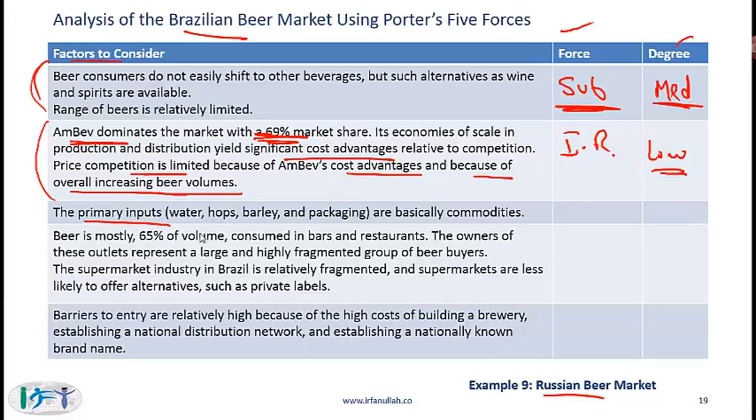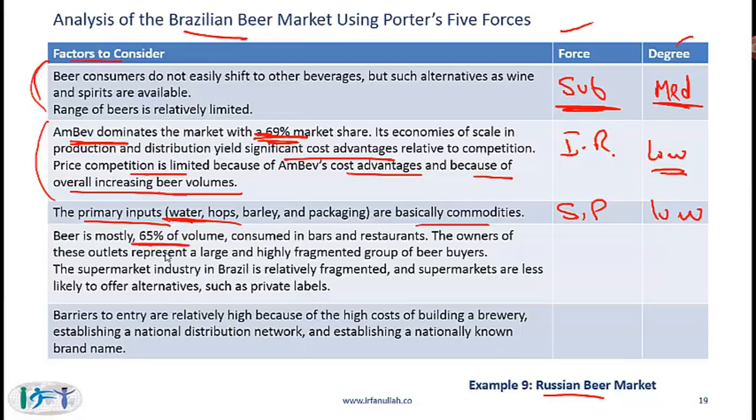Okay, now inputs. The inputs are basically commodities. So this is the supplier power. Is the supplier power high, medium, low? This is also low because they are just providing commodities. If there is an issue with one supplier, the company can easily go to another supplier. So suppliers don't really wield any power.